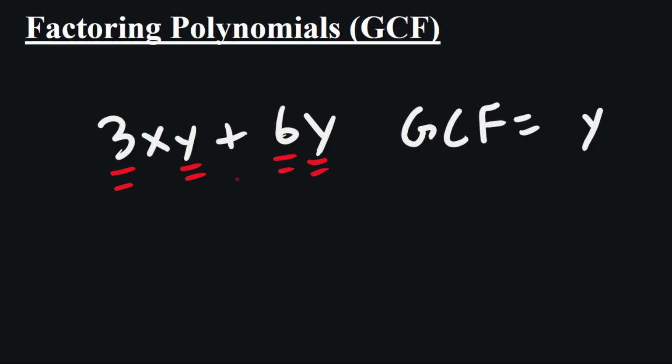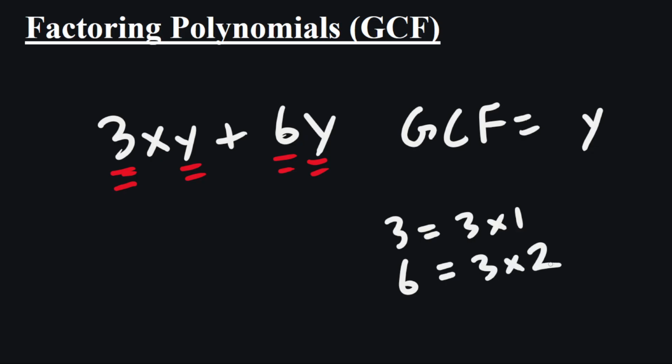3 and 6 actually share a common factor of 3. That is because 3 is the same as 3 times 1, and 6 is the same as 3 times 2.